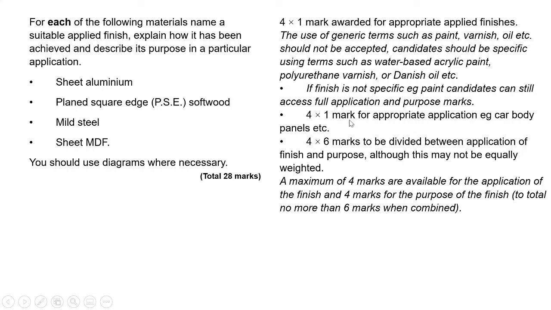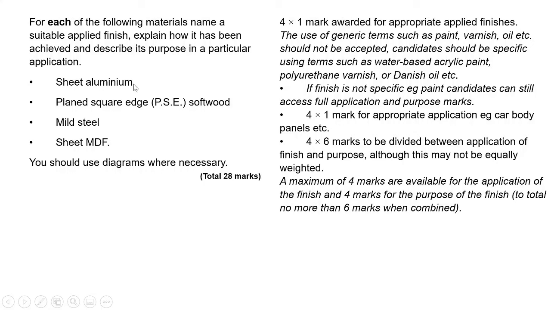So you get another mark for appropriate application, e.g. body panel, so like what it will be used for. So the example here is body panel, so that would be like the sheet aluminium, plain square red softwood, okay, that would be in construction, mild steel, sheet of MDF, so what would the most common uses be for that? And 4 times 6 marks to be valid between application of finish and purpose.